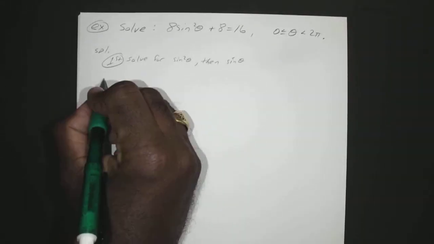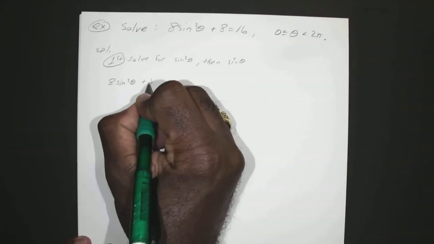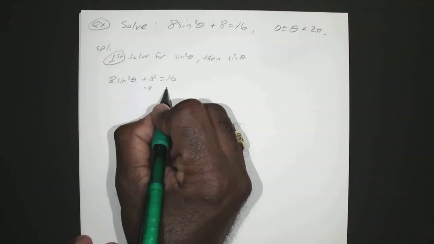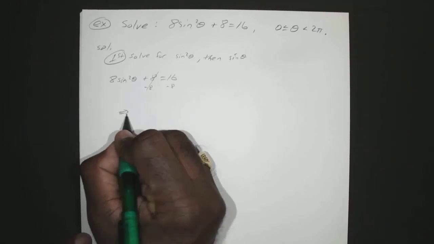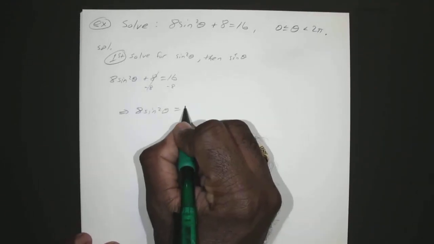Okay, so if we have 8 sine squared theta plus 8 equals 16, we subtract 8 from both sides. That's 8 sine squared theta equals 8.